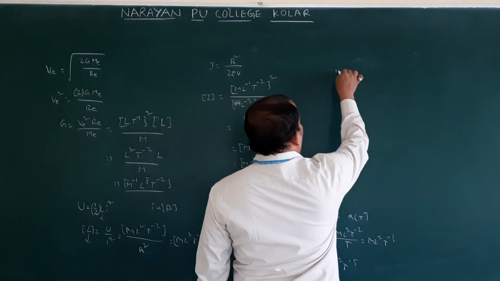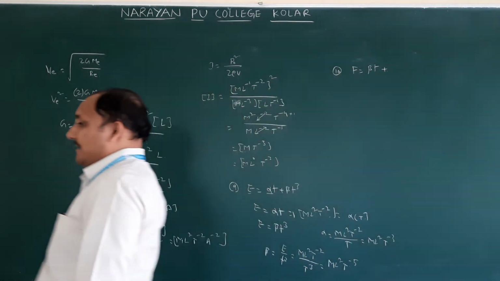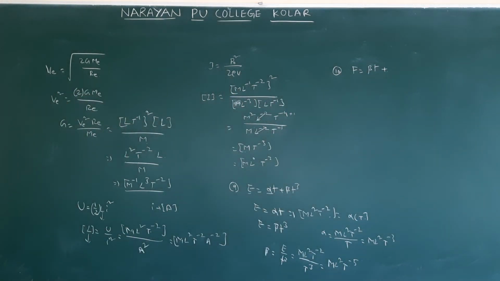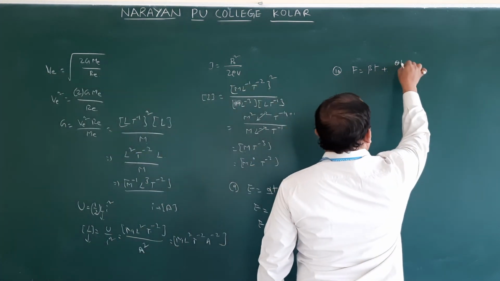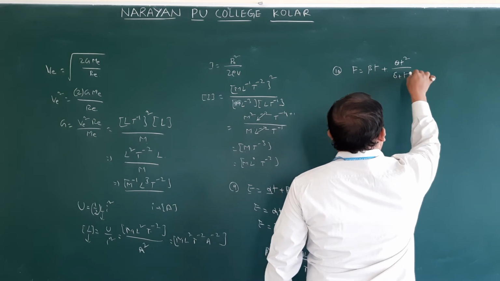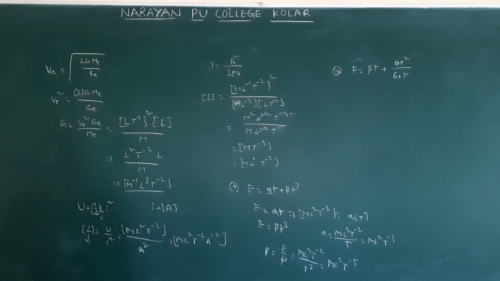10th one. F is equal to beta t plus theta t square by delta plus t. Then what are they asking? They are asking dimensions of beta, theta and delta. So beta, theta, delta are constants.